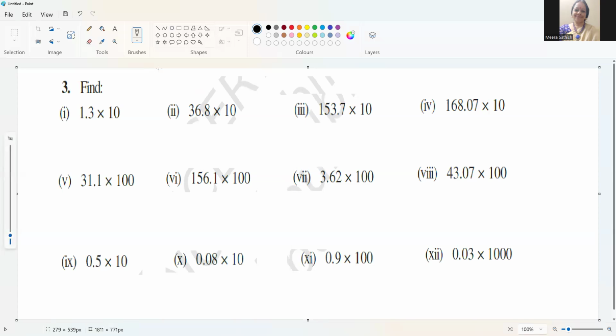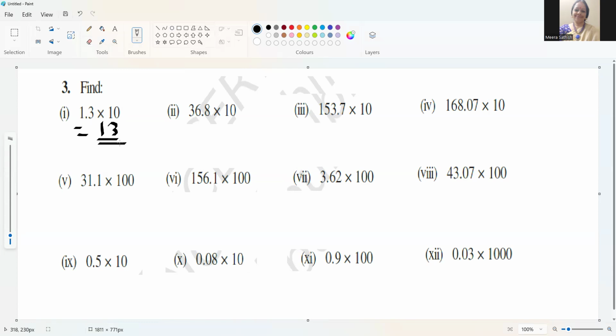This you keep in mind. So here, 1.3 into 10. Here, how many decimal places? Only 1 decimal place. How many zeros here? Only 1 zero. So 1 zero, 1 decimal place cancels. So answer is simply 13. That's it. One method this.